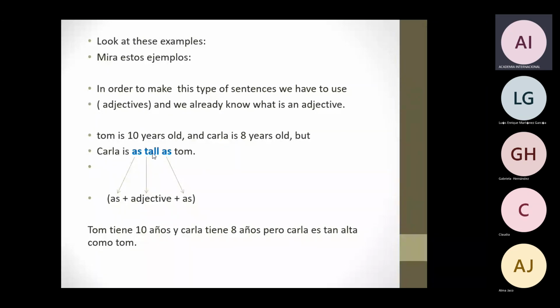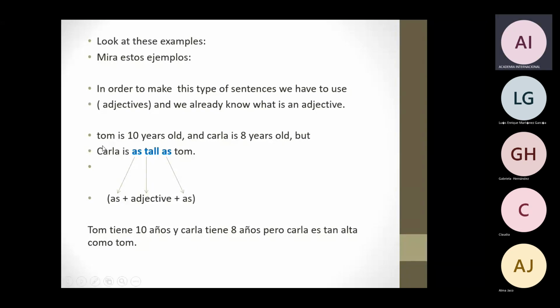Ahí sí estoy diciendo como yo soy más alto que tú o my computer is more expensive than yours. Ahí estoy comparando, ¿verdad? Otro también es que usamos a veces my cell phone is smaller than my mom's cell phone. Mi celular es más pequeño que el de mi mamá. Entonces ahí estoy comparando, pero aquí es comparación de igualdad, cuando dos cosas son iguales.